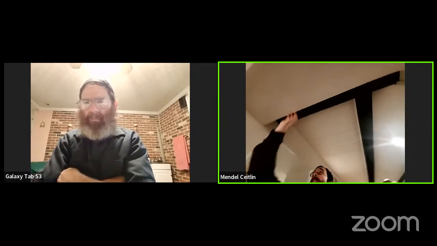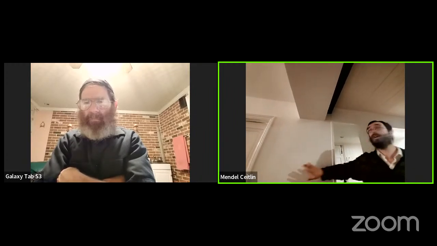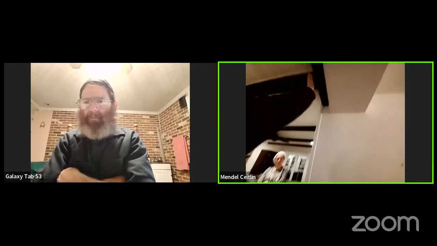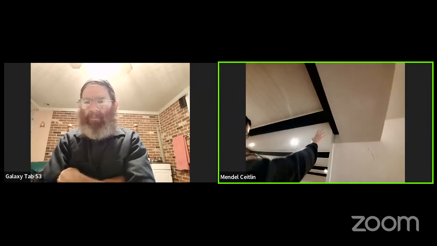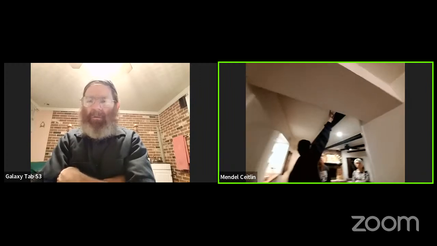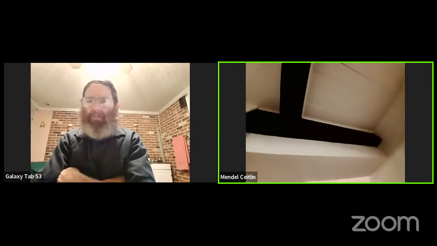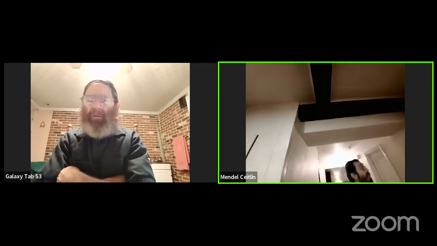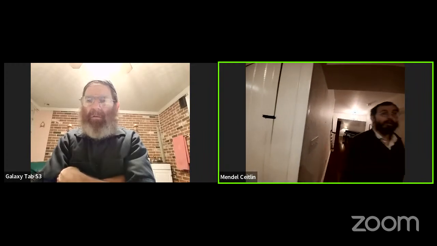Not this, because this is not a doorpost. This is a doorpost, and this is a doorpost, and this is a lintel. If this wasn't here, then you probably would not be obligated, because this is not properly against the doorpost. Because you have that beam right there, I'm assuming you'll need a mezuzah over here. Entrance this way, okay.